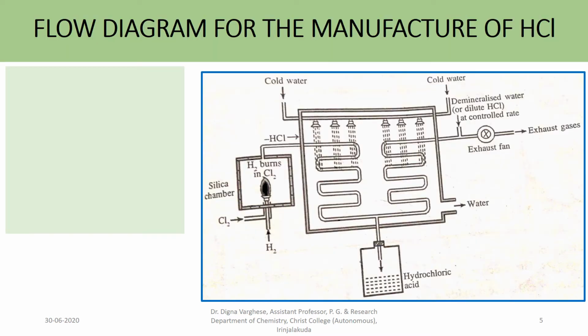Flow diagram for the manufacture of hydrochloric acid. From this diagram we can see there is a silica chamber for the reactants to react, and there is a cold bath region for the production of HCl gas, and this is a collection unit of hydrochloric acid, and the exhaust gases pass through this tube and used water is coming out this tube.